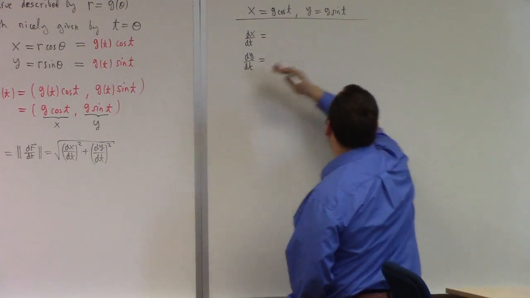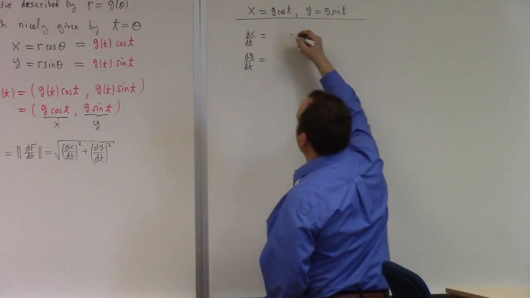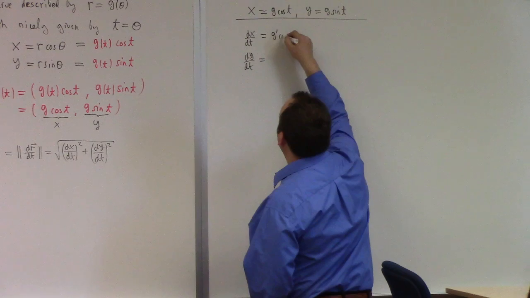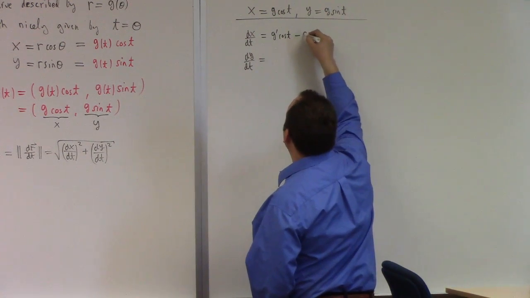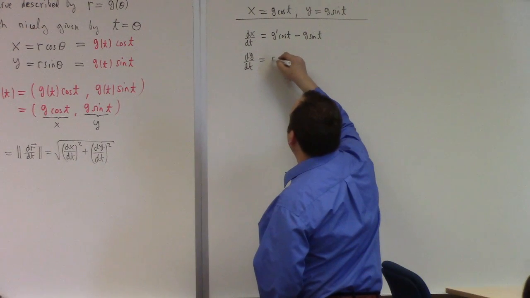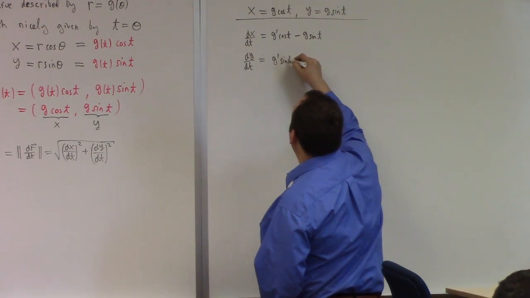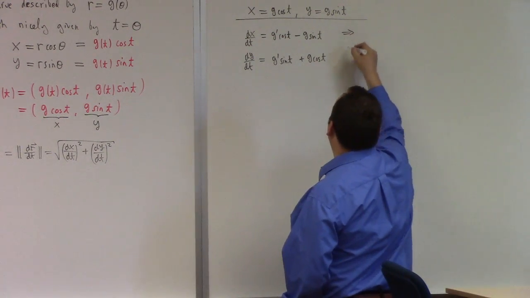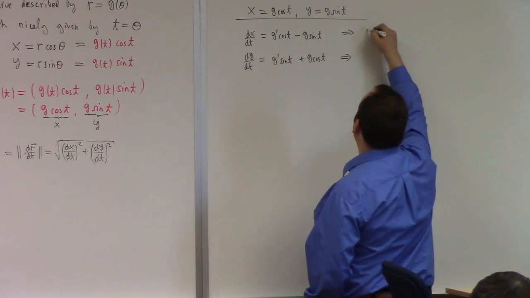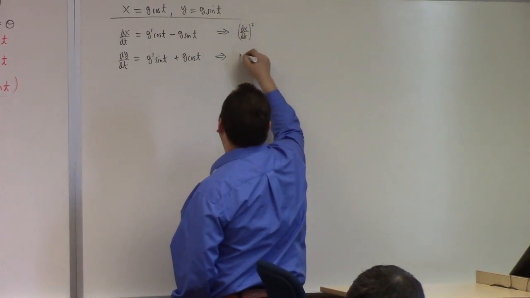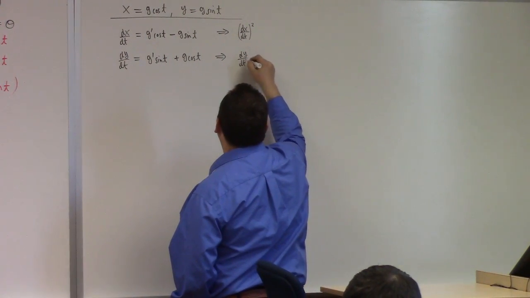So this is going to be a somewhat wide calculation. dx dt is g prime cosine t minus g sine t. And dy dt is g prime sine t plus g cosine t. So we can calculate dx dt quantity squared, and dy dt quantity squared.